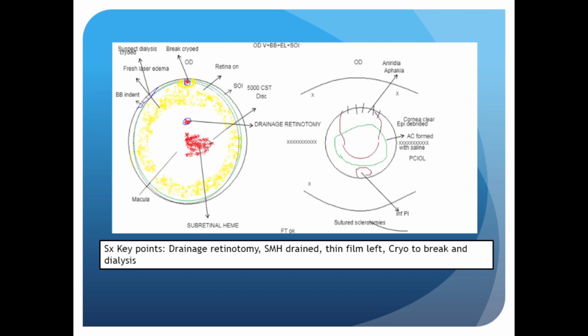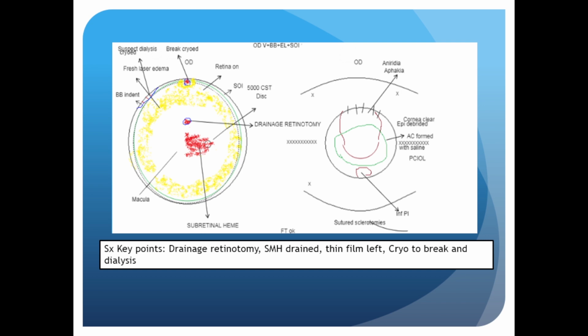Abhishek, if I may interrupt, that superior break was an iatrogenic break during the base shaving. Supratemporal dialysis was there, and there was shallow retinal detachment with extensive subretinal hemorrhage. So we tried to drain the subretinal heme through a drainage retinotomy.